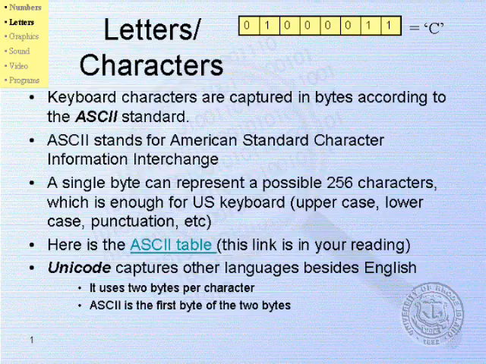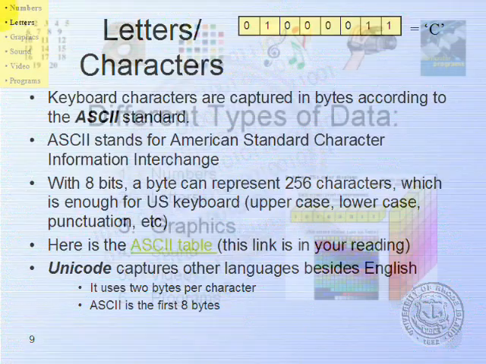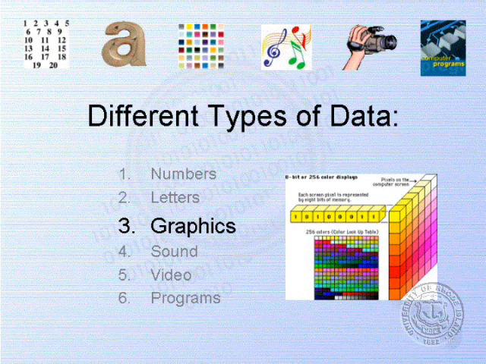So this is actually a partial ASCII table. It's not showing all of the characters on the keyboard, but it's showing many of them and the bit patterns that are used to represent them. So we see that the byte we've been looking at could be representing the capital letter C. Let's move on to see how graphics are represented in the computer.